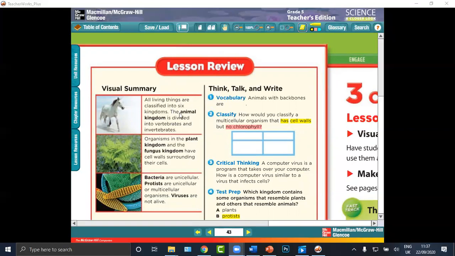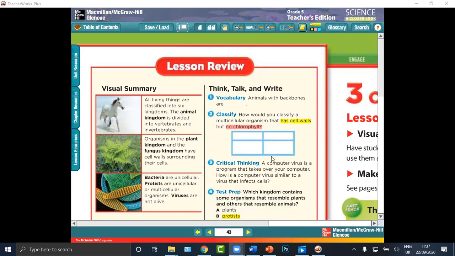How would you classify a multicellular organism that has a cell wall but no chlorophyll? Fungi. Okay, I will help you.